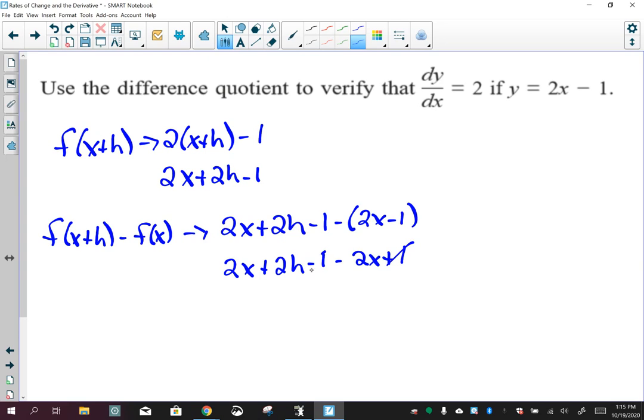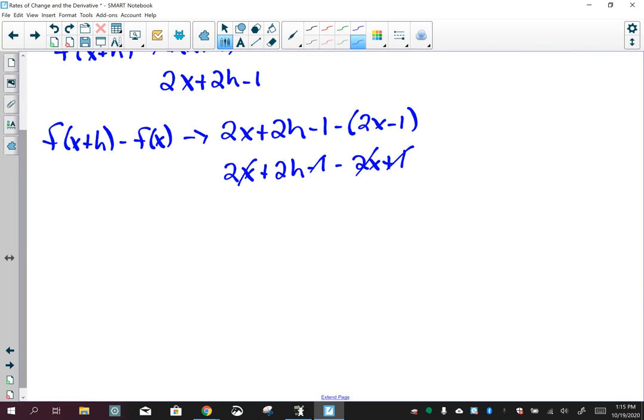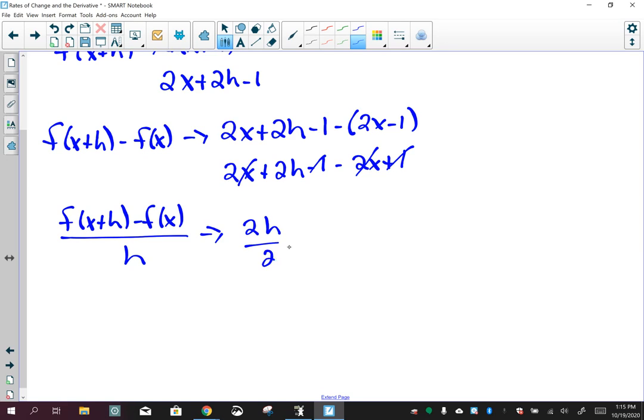Then that and that are canceling, and then that and that are canceling. So then I have f of x plus h minus f of x all over h. So that gives me 2h over h. Those cancel, and that leaves me with just a 2.